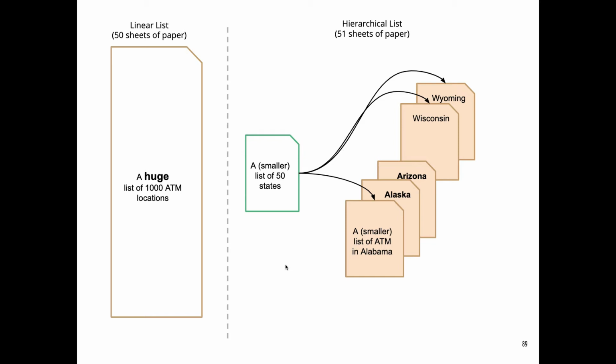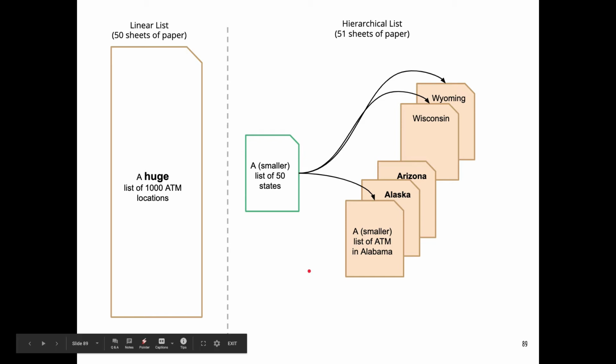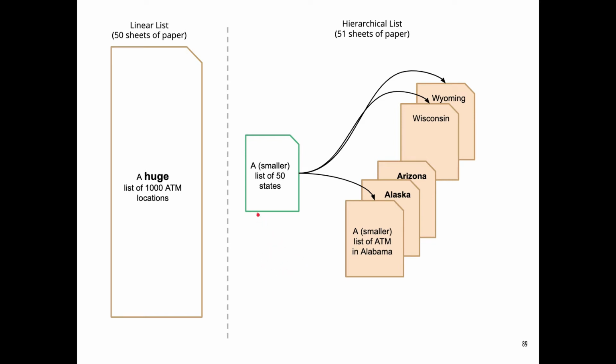Alternatively, you can organize the ATM locations by states and then rearrange the table of contents into 2 levels. Using a hierarchical list, the top level table of contents shows the list of only the names of 50 states. Certainly, a list of 50 states will fit into a single page of paper.